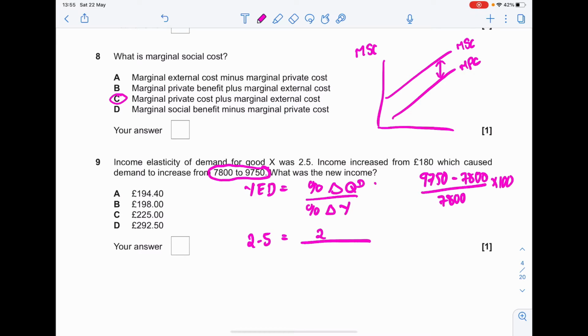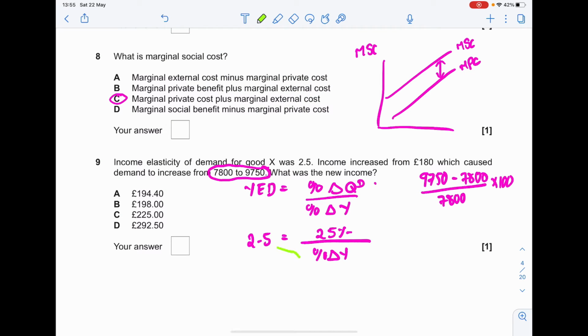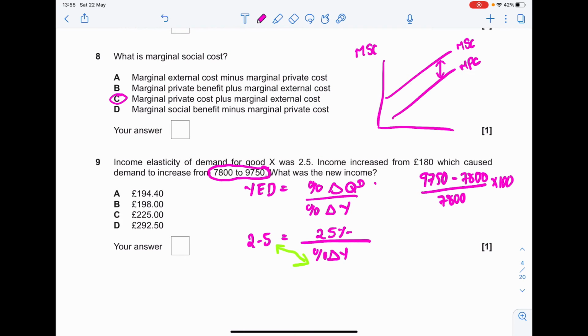So we get 25% on the top, and then we've got our percentage change in income on the bottom. So what we need to do now is cross multiply. So these two effectively can swap places. So we're left with percentage change in income is going to be 25% divided by 2.5, which means our percentage change in income is 10%.